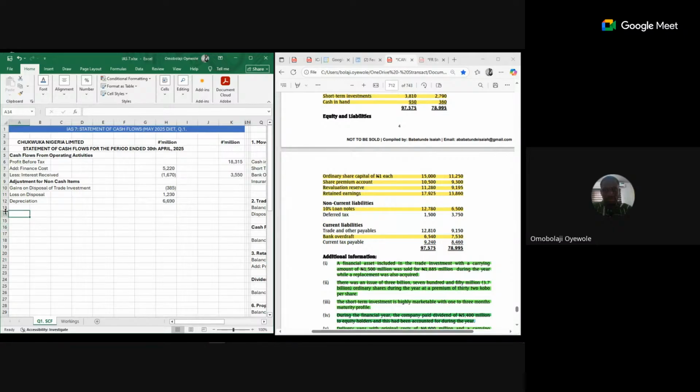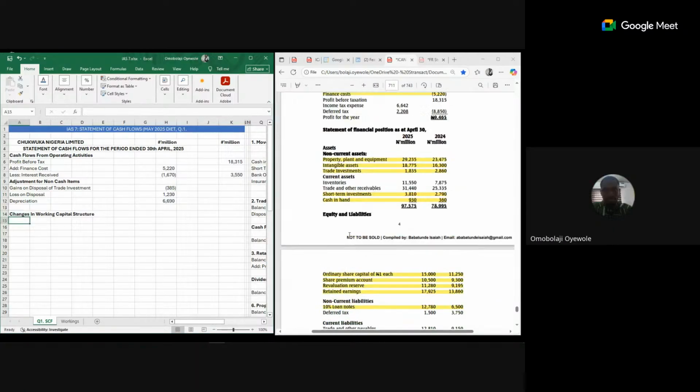But before then, let's do our changes. Where did you put your interest received? Investing activity. Okay, sorry, I missed that. So let's look at inventory. Was there an increase or decrease in inventory?